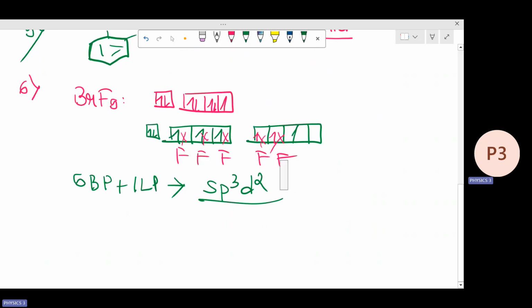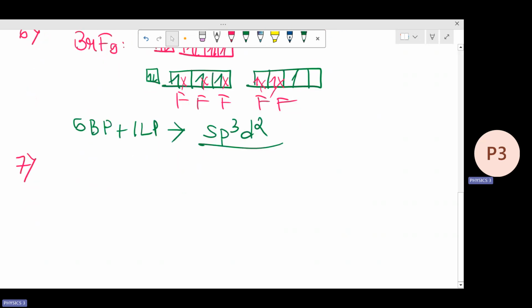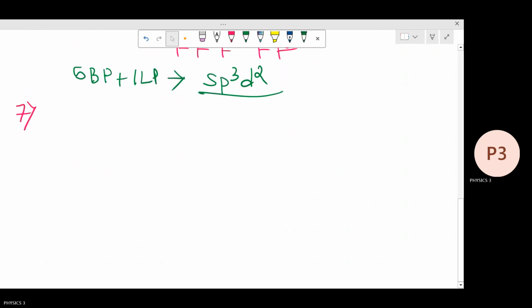Question number 7. Here they are asking about the solubility of AgCl in magnesium chloride. So they are asking about the Ksp value in this case. Students, if we focus on this, we have to consider that AgCl will have the Ksp of Ag+ and Cl-.